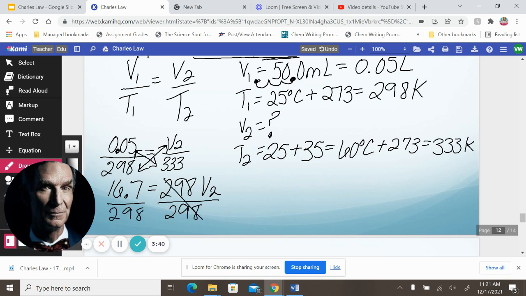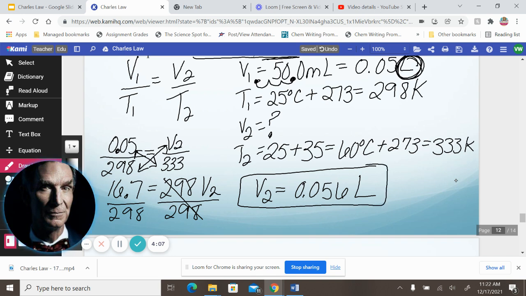So on my calculator, I'm plugging in 16.7 divided by 298. And I get 0.056. And the units on that are going to be liters because remember we converted our volume to liters. So there wasn't much of a change in our volume at all.